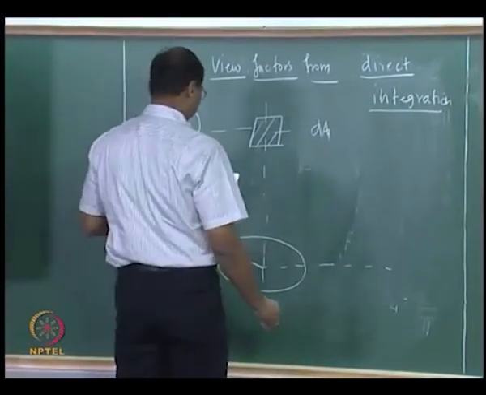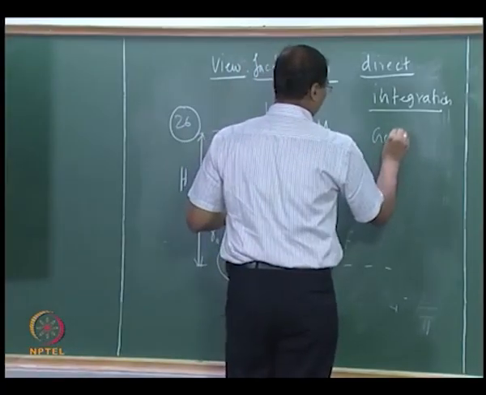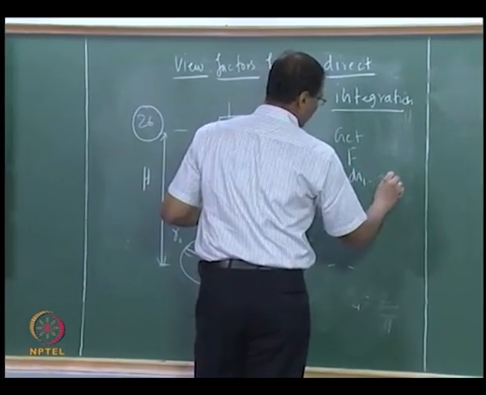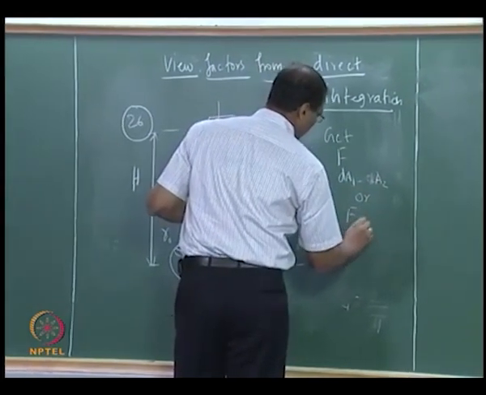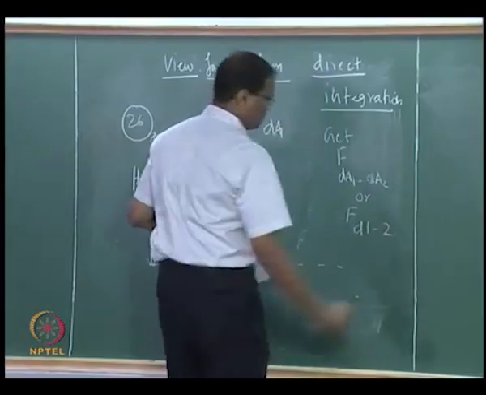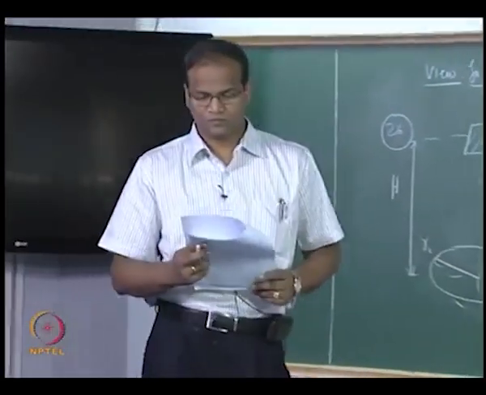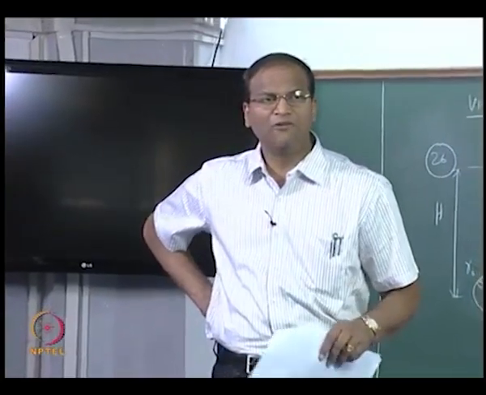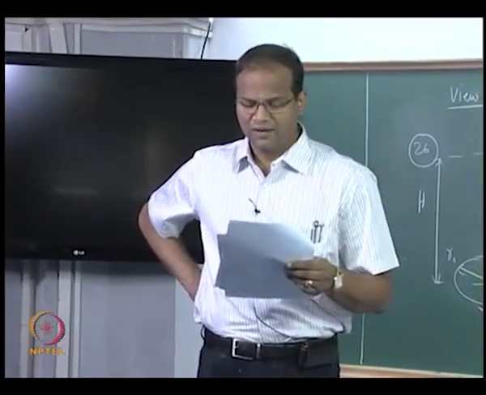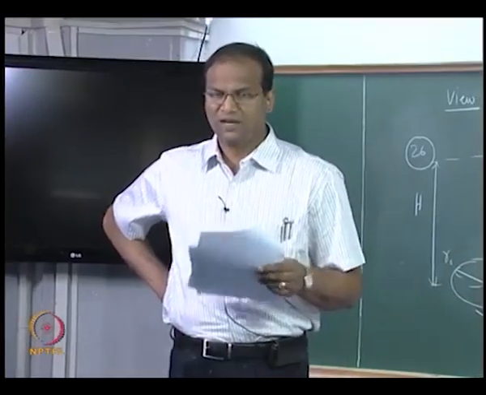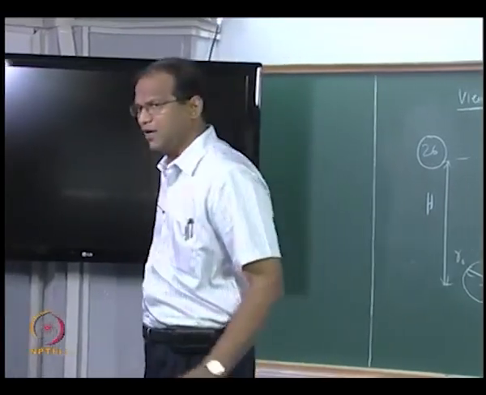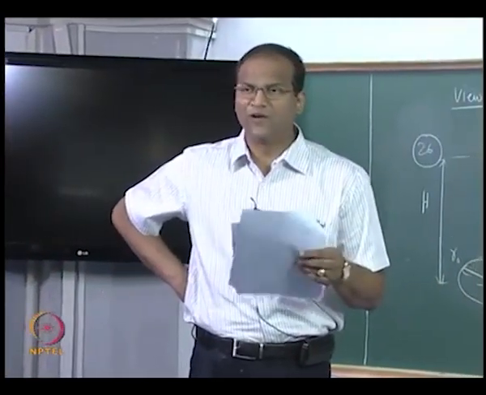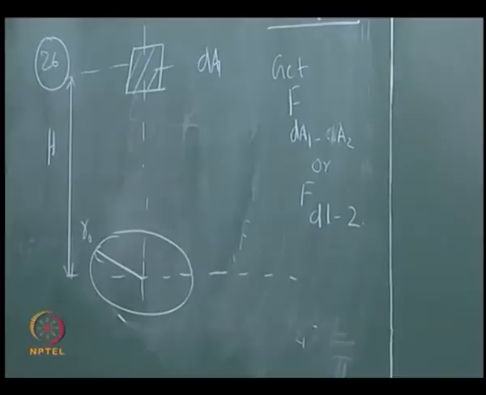So the problem can be posed as: determine the view factor dF12 between a differential area above a disk and a finite disk of radius r0, at a height of h from dA1. Determine the view factor d1 dash 2. Why did I say d1 dash 2?